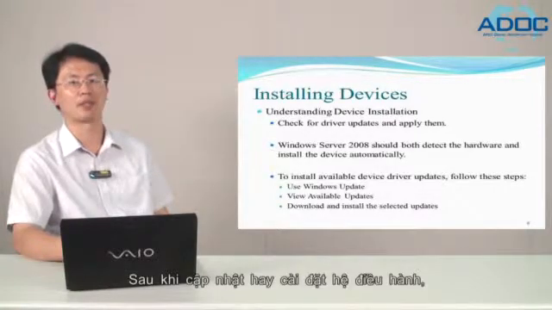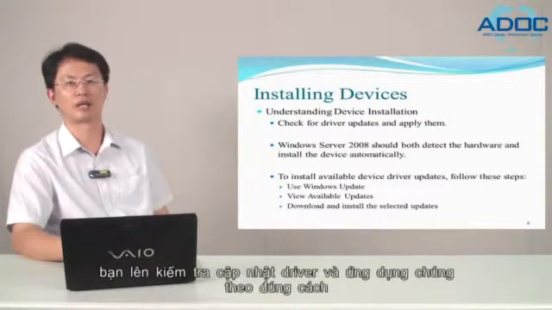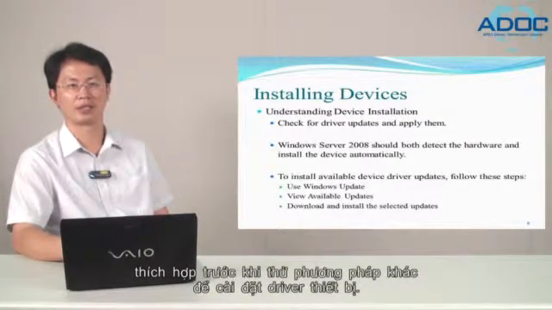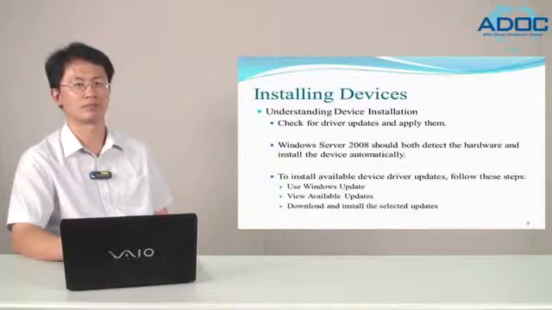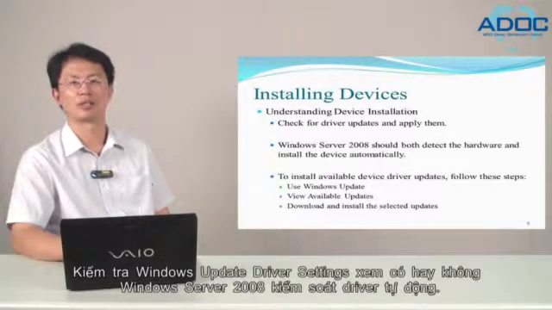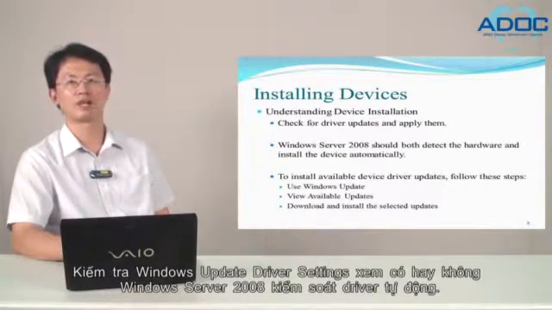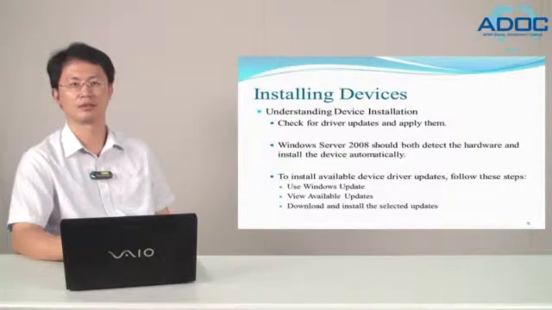And after updating or installing the operating system, you should check for driver updates and apply them as appropriate before trying other techniques to install device drivers. Windows Update driver settings control whether Windows Server 2008 checks for drivers automatically.